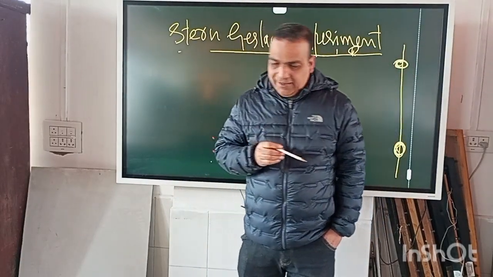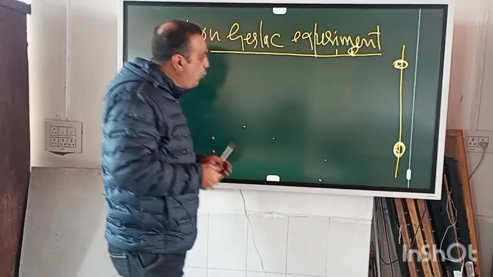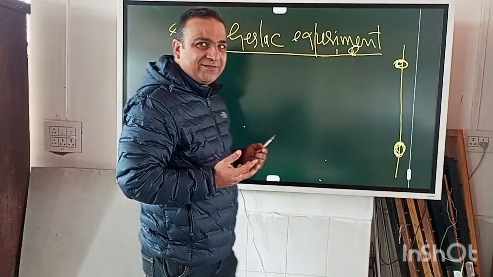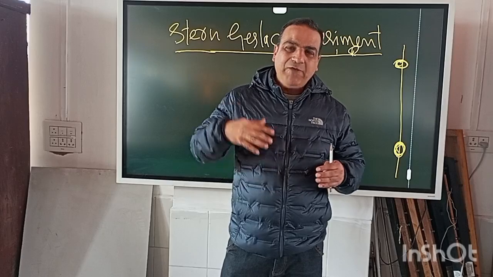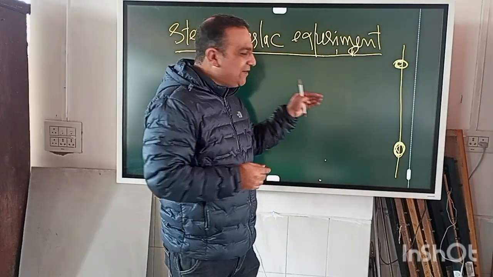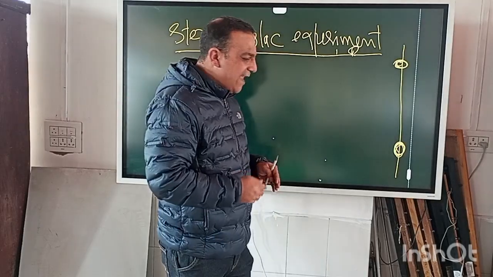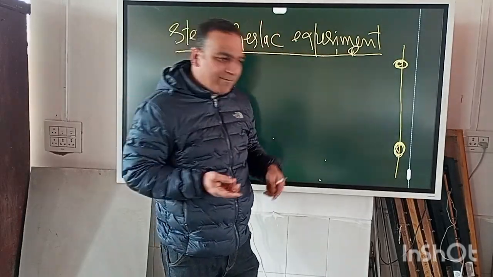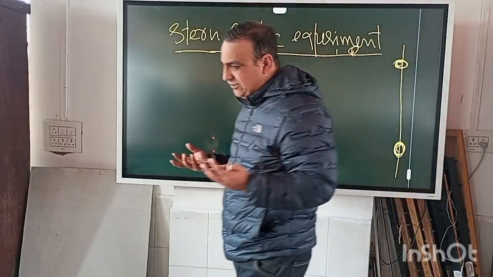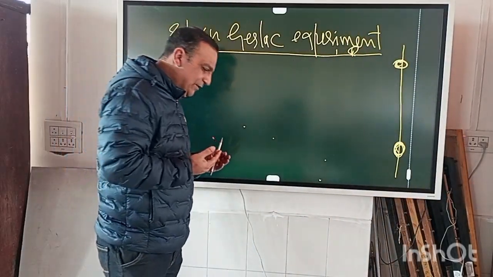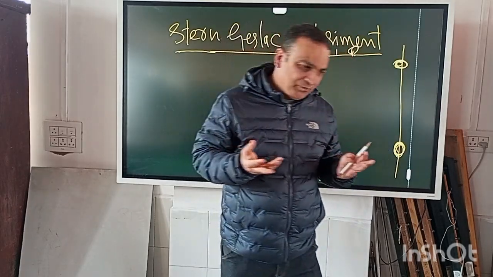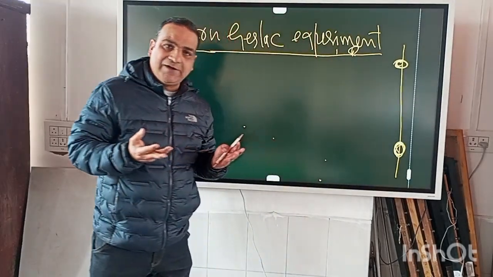Now, if we take a qualitative way of understanding this experiment, we have the silver atoms, and all of these silver atoms are tiny magnets, and when you apply the non-uniform magnetic field, these atoms will experience deflections. They will be deflected, and the deflection will depend on the orientation of the silver atoms.